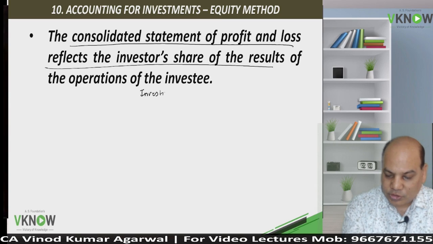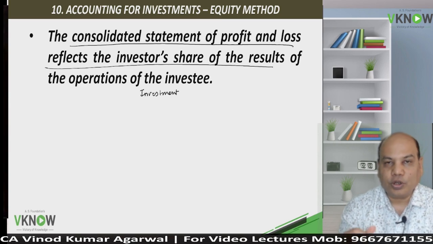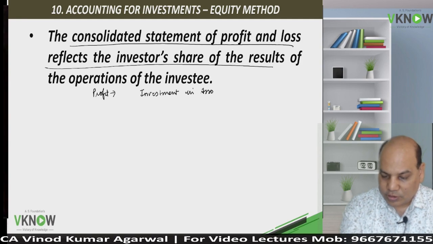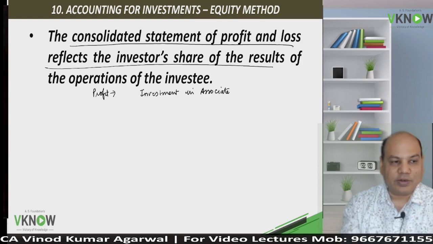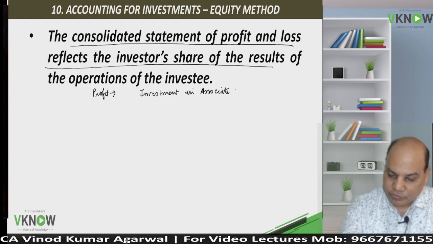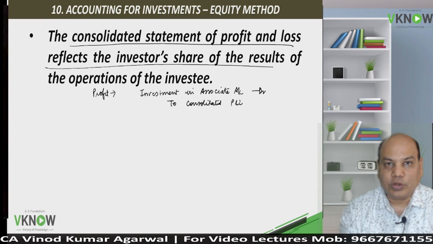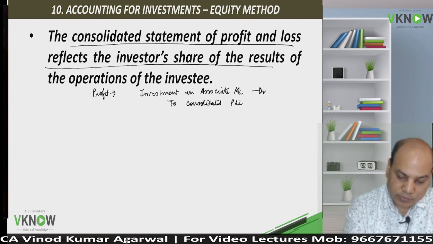The memorandum journal entry for recording the share in the profit of associate, if the associate makes profit, will be: Investment in associate debit. This is for understanding: if I am debiting investment in associate, the investment value will increase, to consolidated P&L account, and the consolidated profit and loss account will show the share in profit.